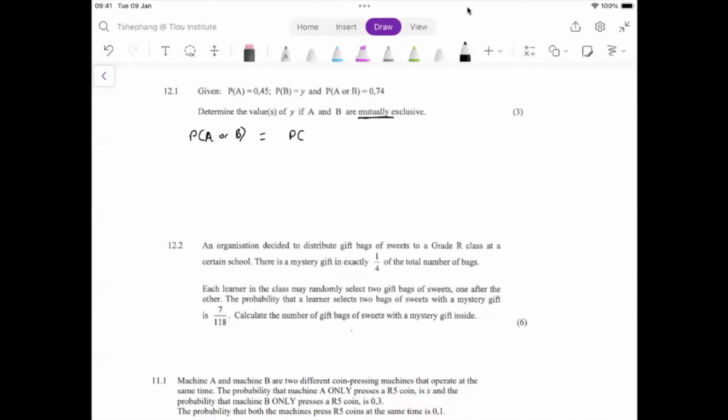Is equal to the probability of A plus the probability of B. Now, this is given to be 0.74 in value, and the probability of A is given to be 0.45. And the probability of B is a variable, which is Y. And then Y is going to be how much? 0.74 minus 0.45, and that gives you 0.29.